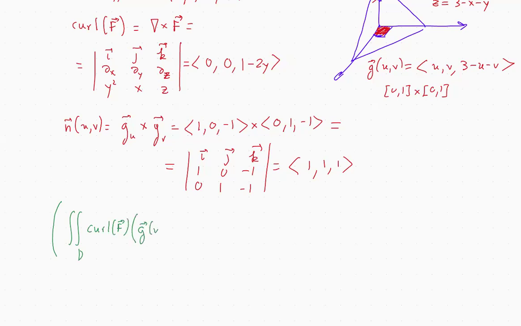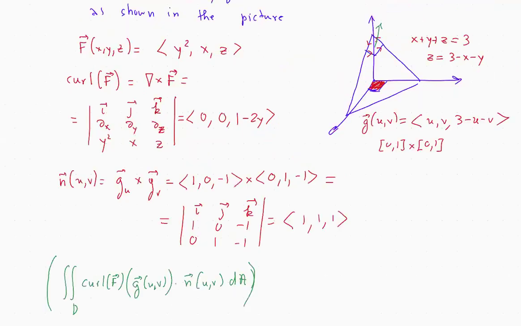Now, what we have to be careful about is that the normal vector should have the orientation which is compatible with the orientation of the boundary, and that's the upward orientation. What we just found is the right normal vector because the last component is 1, which means that it points upward.